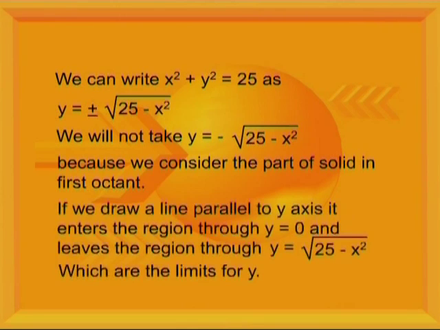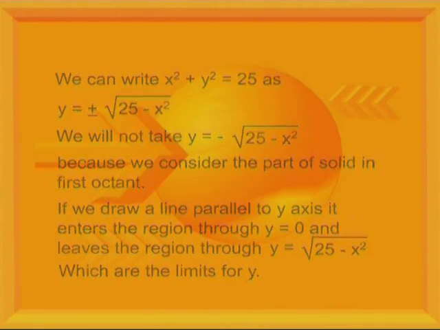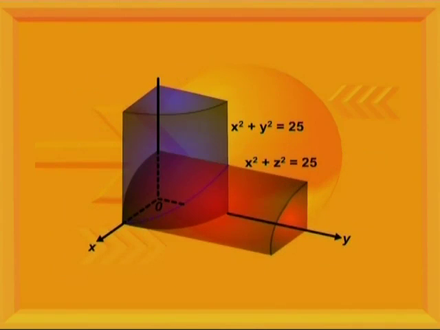So if you draw the line parallel to y-axis, it will enter this region where y is equal to 0 and leave the region where y is equal to square root of 25 minus x square. So these will be the limits of our y integration, and for the limit of x, it is very obvious from the diagram, that is, it is from 0 to 5.